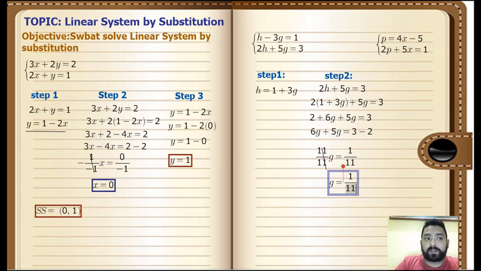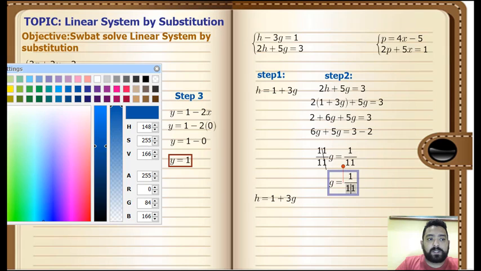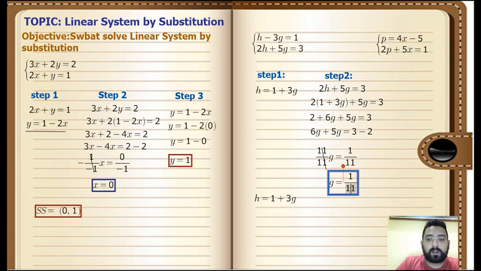Now, remember, in step 3 we are going to use the first step and substitute this value. Remember, the value for g is 1 over 11. So in the third step, I'm going to write here, we are going to replace this value.